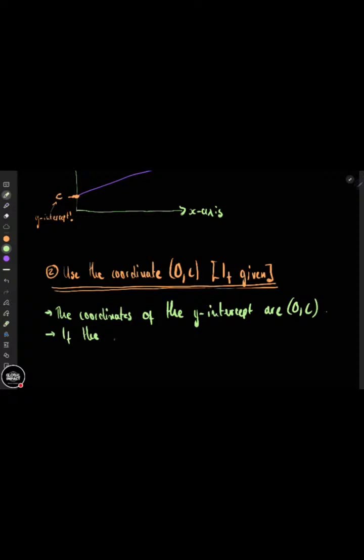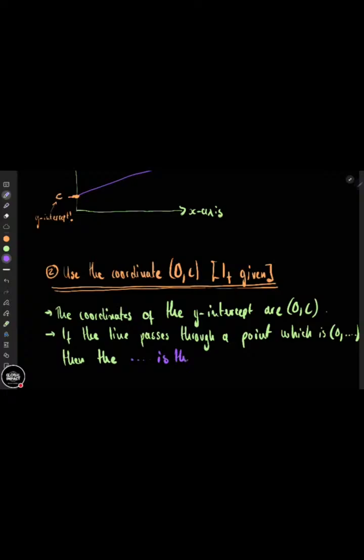If the line passes through a point which is (0, something), then that something is the c.